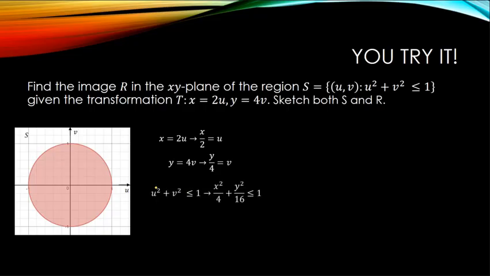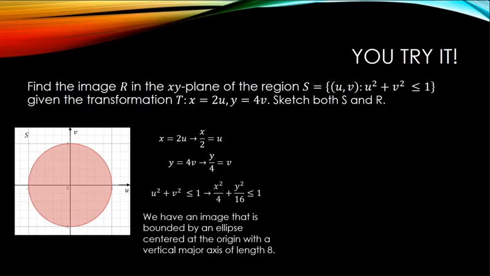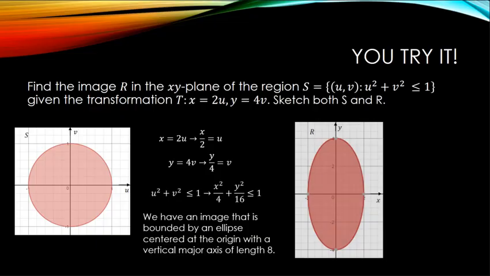This means that u² + v² ≤ 1 will give me x²/4 + y²/16 ≤ 1. Looking at this equation, I see that my image is bounded by an ellipse centered at the origin with a vertical major axis of length 8. I'm going to plot that region where my major axis extends from -4 to 4 on the y-axis. This is my transformed region R.